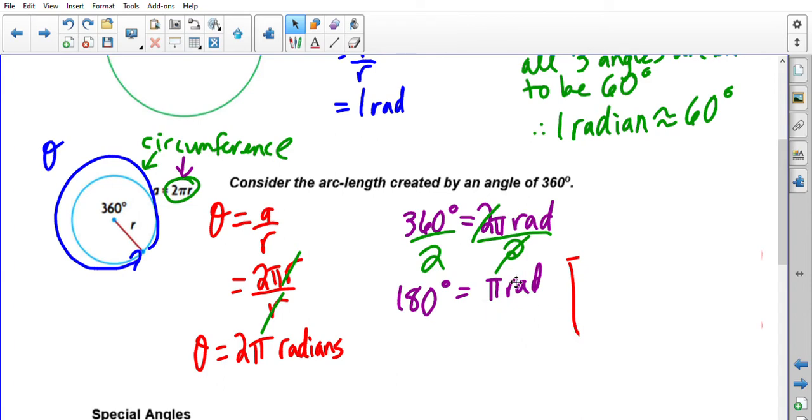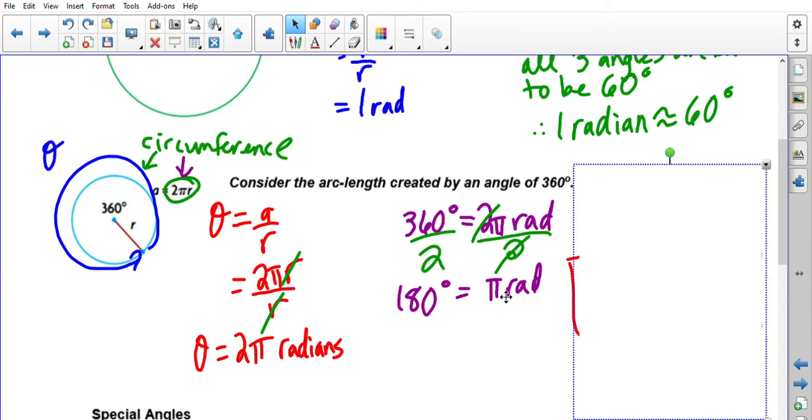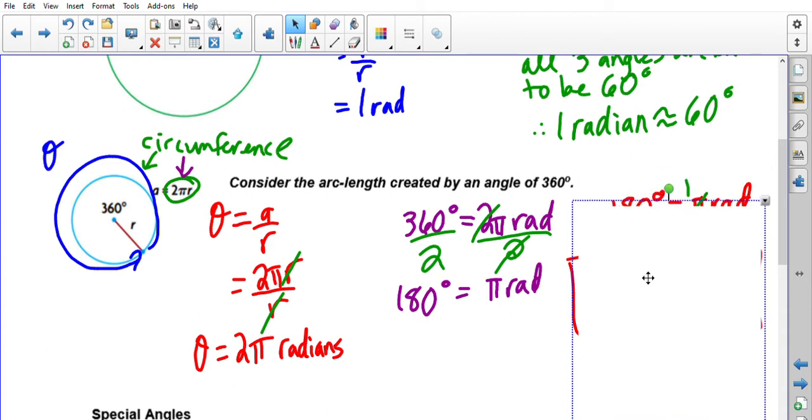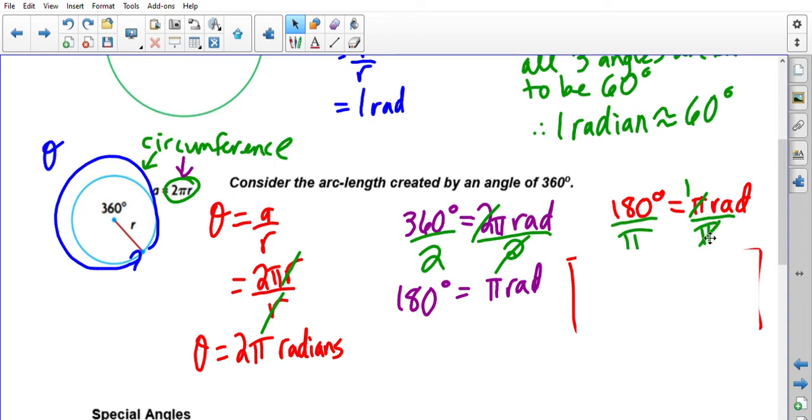Now we really just want to get what 1 radian is, not what pi radians is. We know 180 degrees equals pi radians. I want to get rid of this pi and be left with 1, so I'm going to divide out pi from both sides.